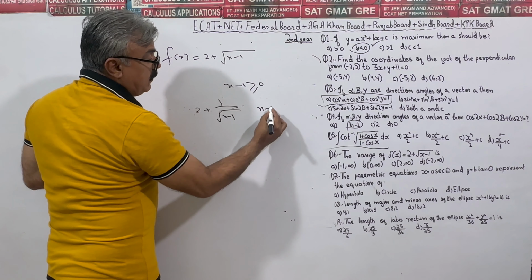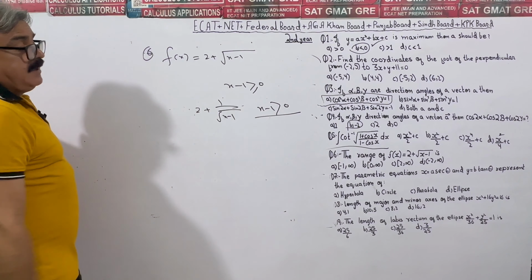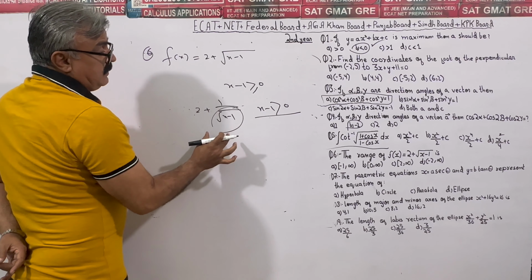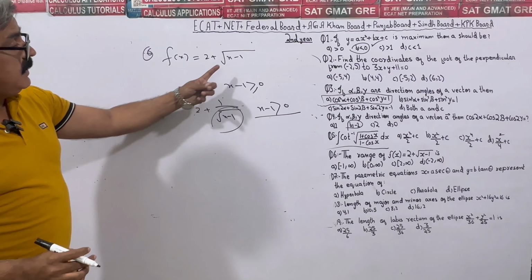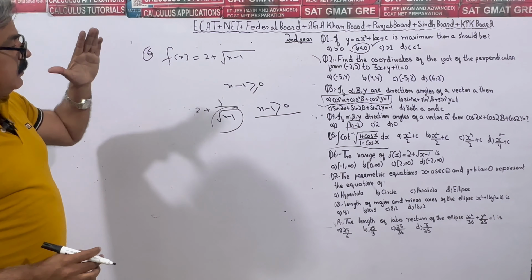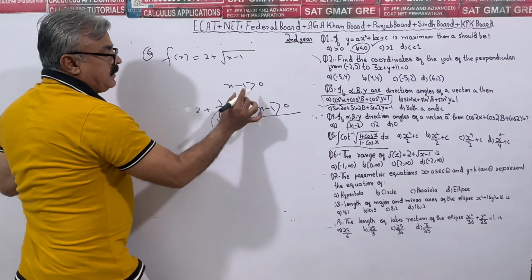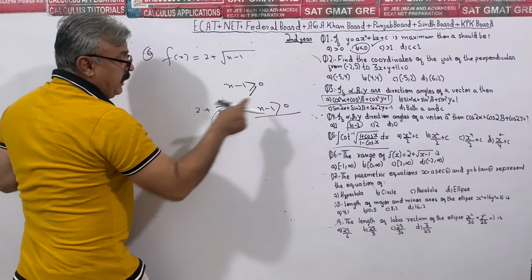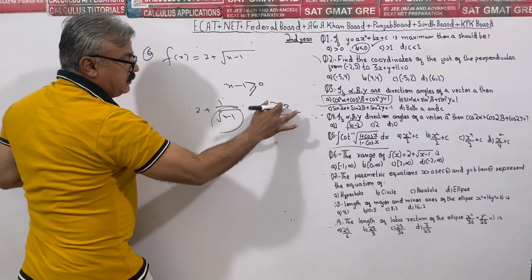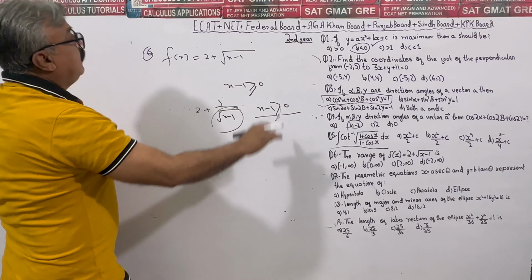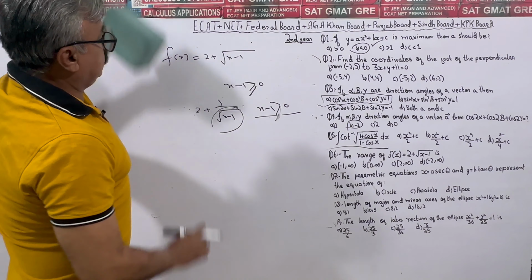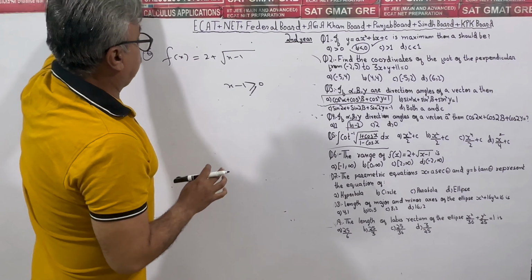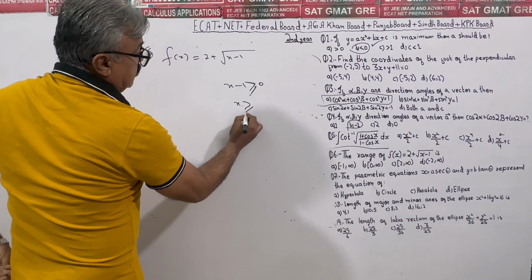If it were 2 plus 1 over root x minus 1, I would have written for the domain x minus 1 greater than 0. Why? Because if it is equal to 0, division by 0 is not allowed. Look at the simple difference. Root x minus 1 is present in the numerator, so we are entitled to take x minus 1 greater than or equal to 0. Equal to 0 we can afford; in that other case, we cannot afford equal to 0. So x is greater than or equal to 1.